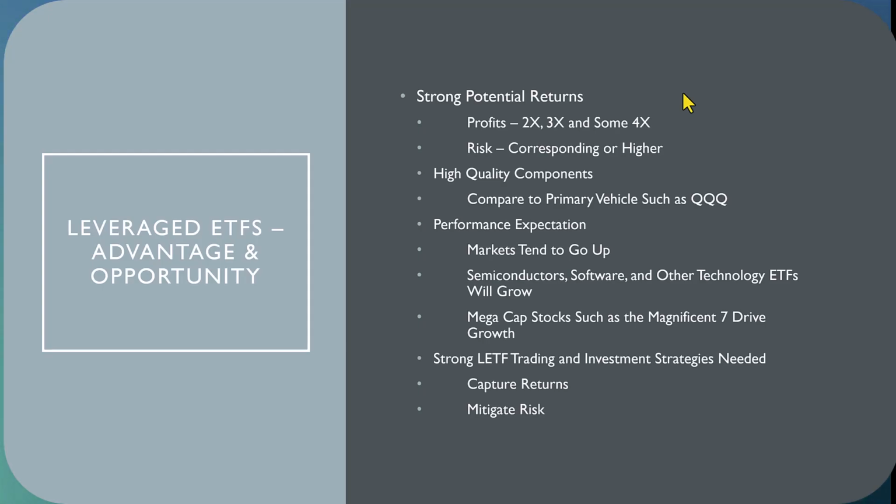So what I'm talking about here is you might compare the TQQQ, the 3x leveraged ETF for the QQQ to the QQQ to see how it compares and understand what the components are of the QQQ, being the NASDAQ 100 stocks, actually the best stocks, the NASDAQ 100.